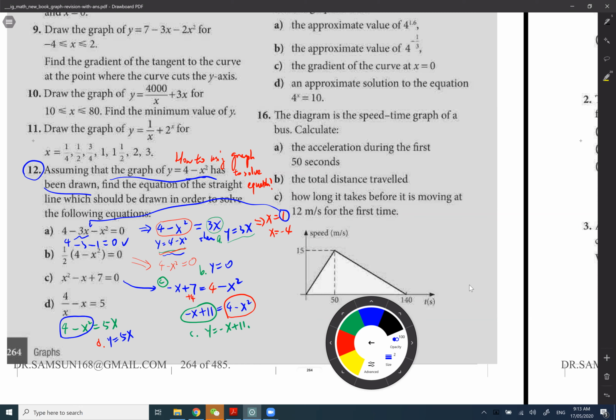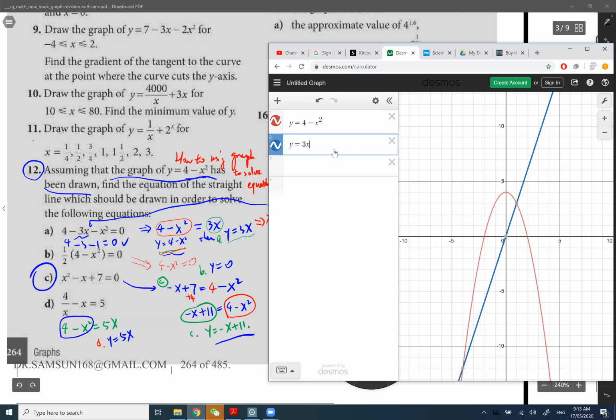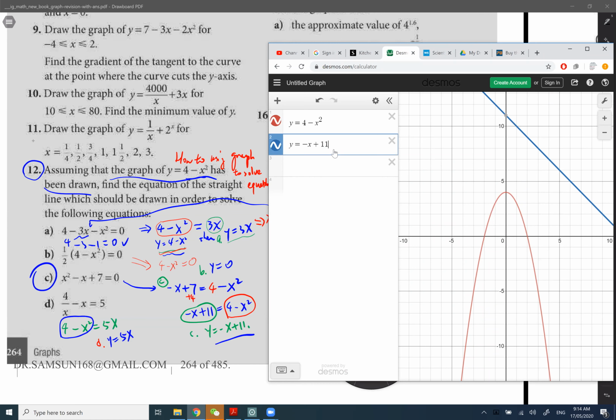Find the intersection. For C, now we check again. For C, we need to sketch -x plus 11. From the graph, we know there's no intersection.